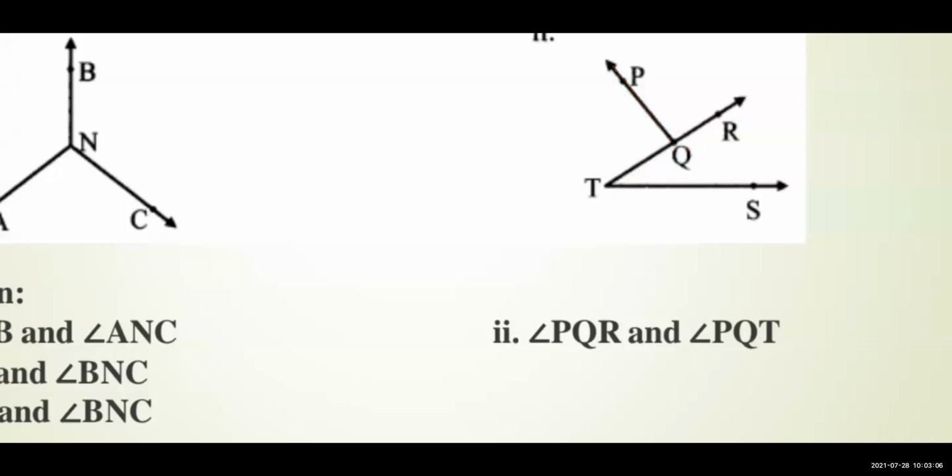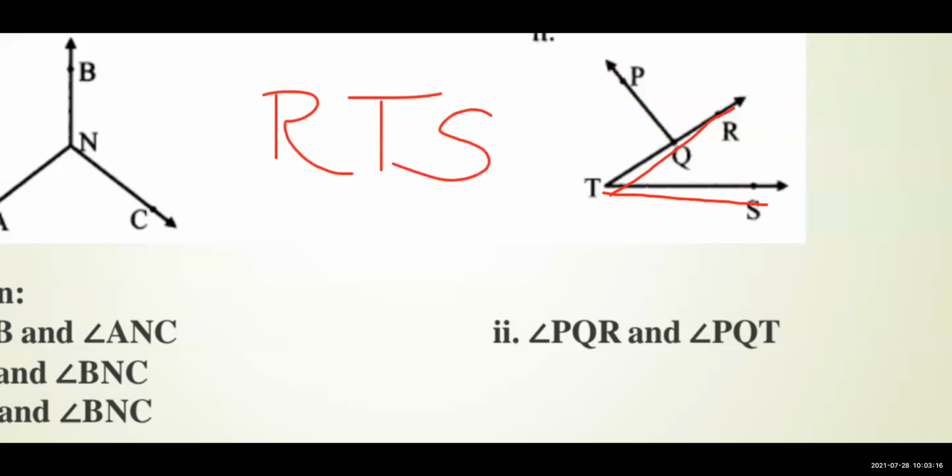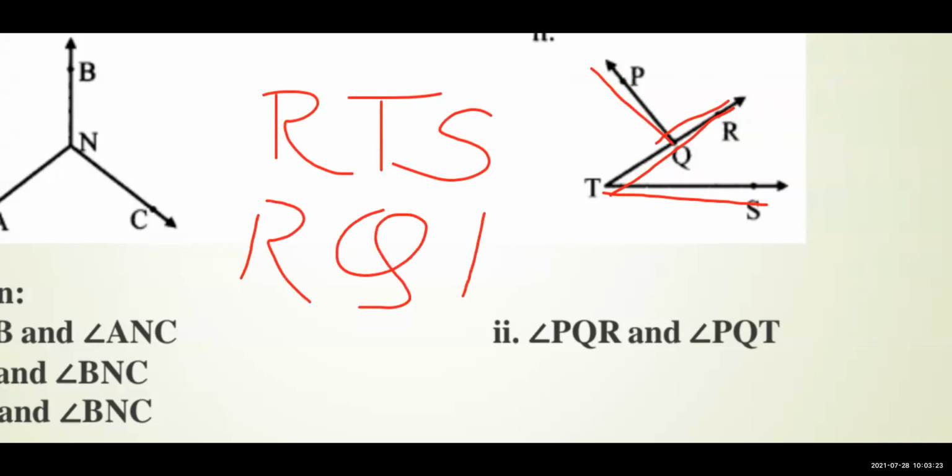If I write angle RTS and angle RQP, now here can you see any common arm? Is there a common arm here? If I take this example, is any common arm there?